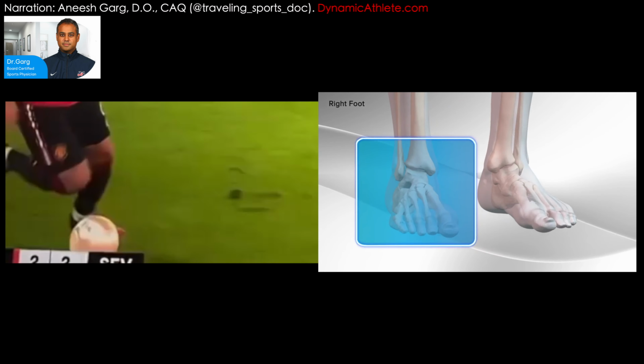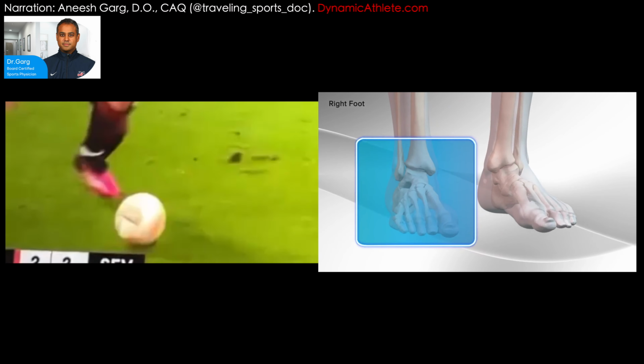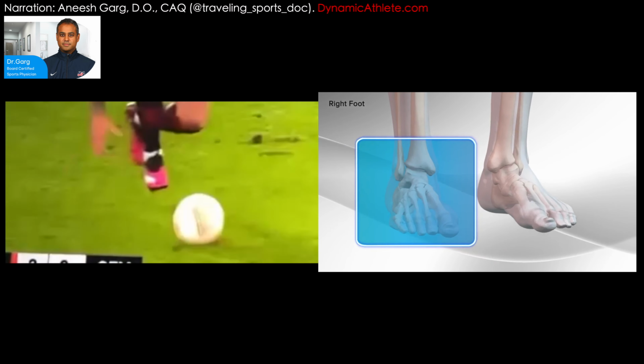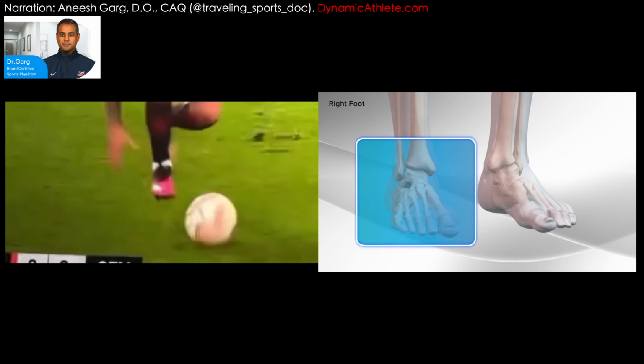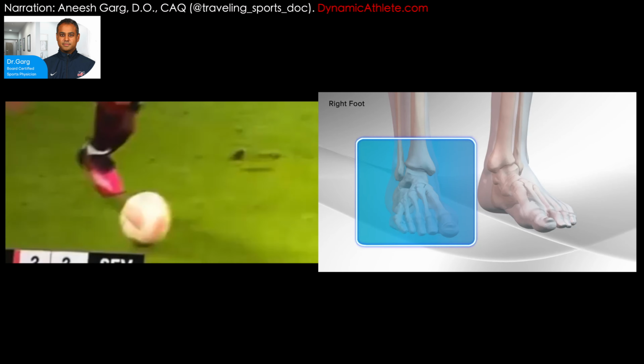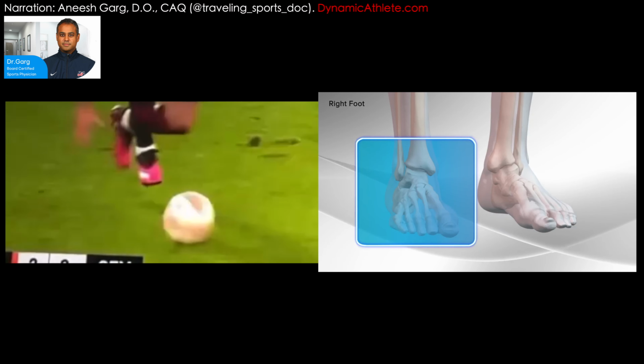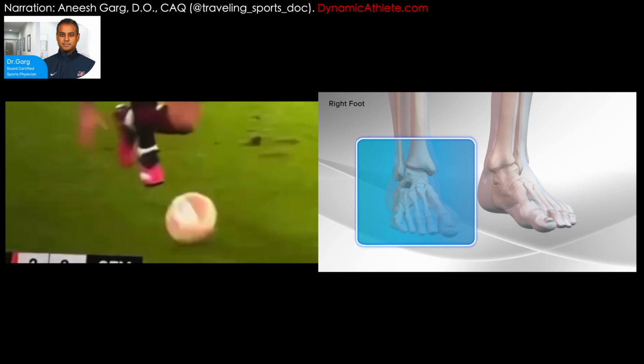As we continue on, he's not able to step because even in midair, he's recognizing something's wrong with his foot and is reaching for his foot midair. So he's immediately recognizing that something is wrong.